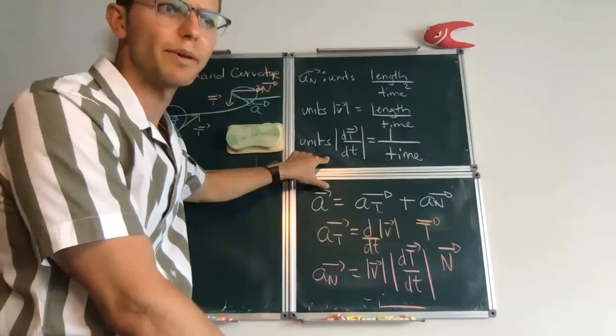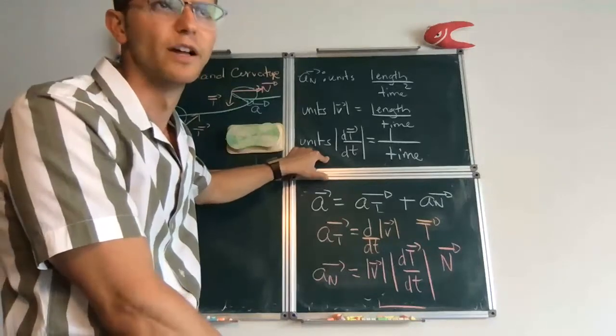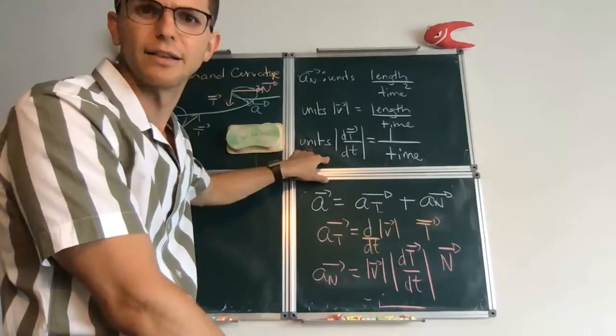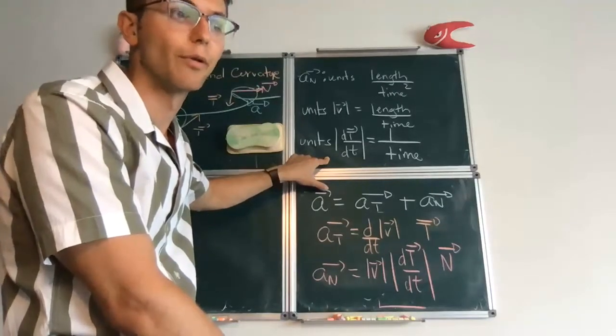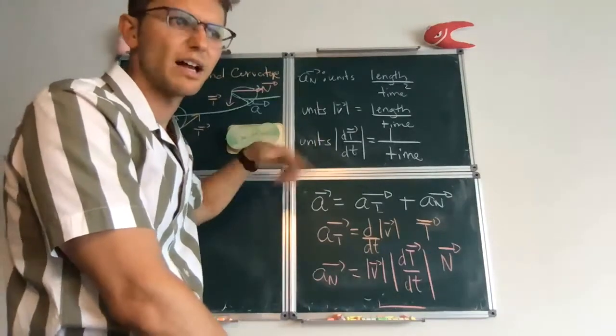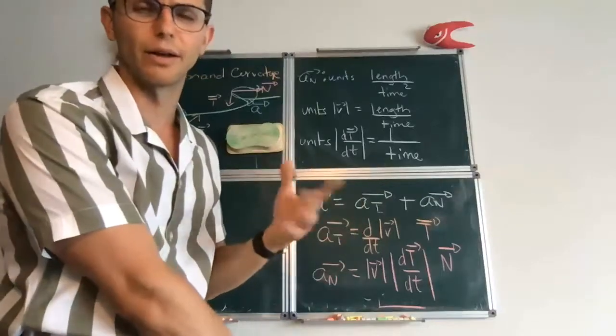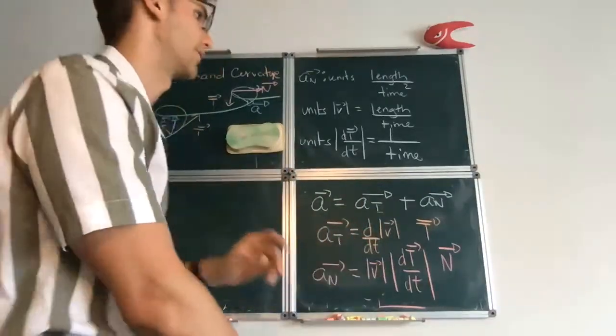If you want to associate something to the curve, it should be more in terms of distance units, like feet or meters or miles, because time is more intrinsic to the particle, not to the curve.